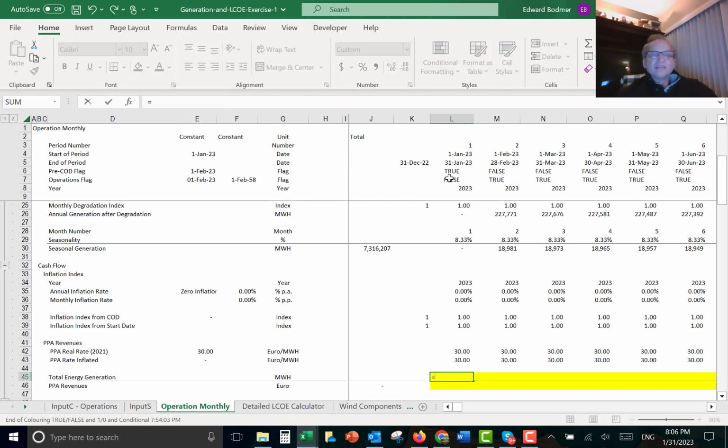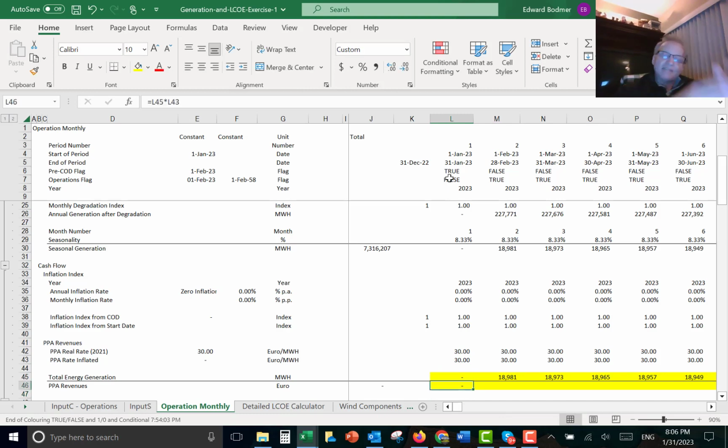I put this in megawatt hours, and we can take our seasonal generation, which I kept flat anyway, and multiply the seasonal generation by the inflated price.